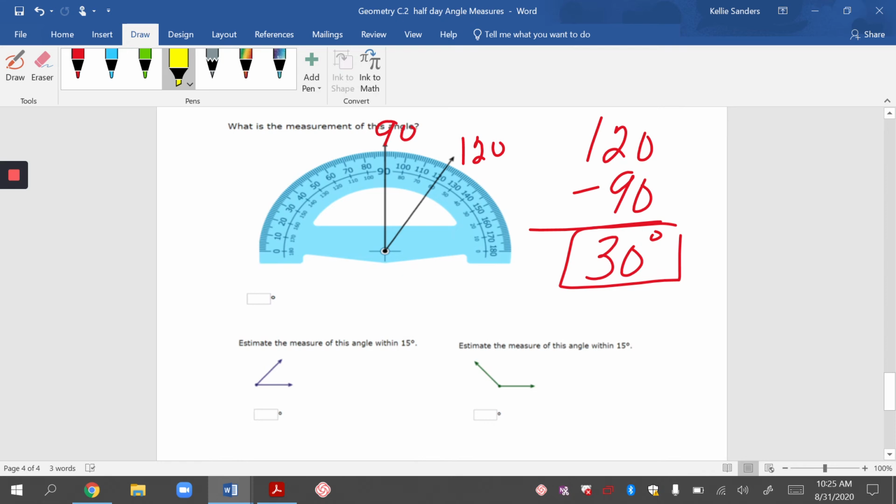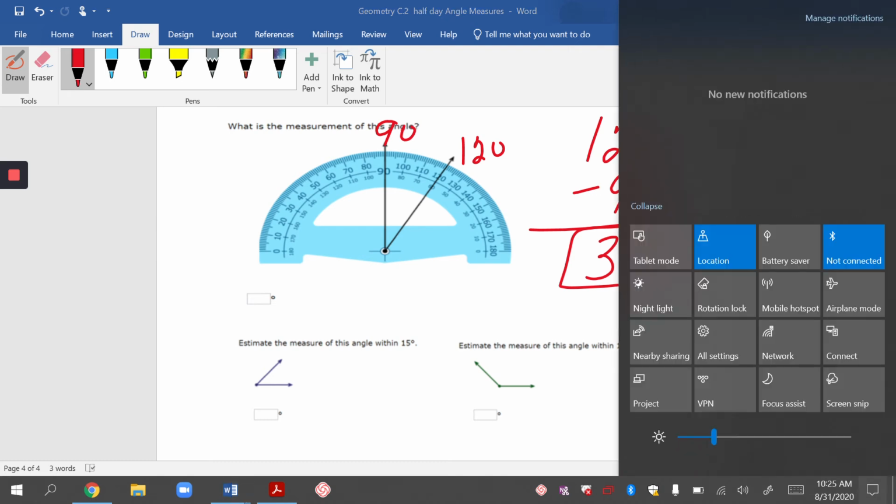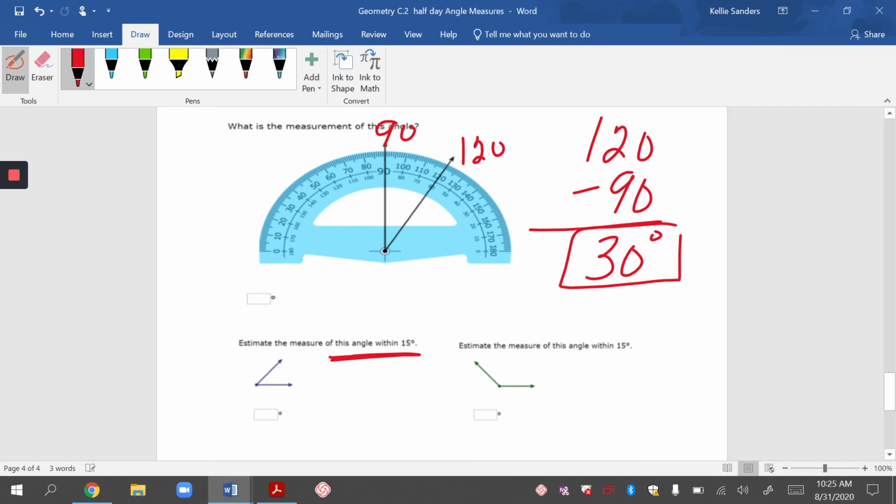I'm not familiar with this yet. So go back here. And the good thing about this is we get a pretty big window to be wrong. It says estimate the measure of this angle within 15 degrees.